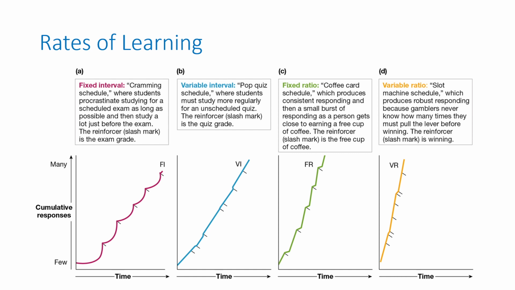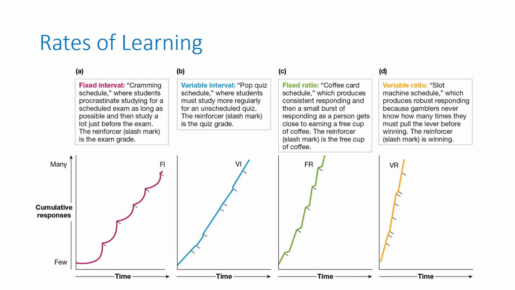On the other hand, you can look at a fixed ratio schedule. That fixed ratio schedule shows that we know a certain number of responses are needed in order to get to a point. Once you get the reinforcement, people typically stop.